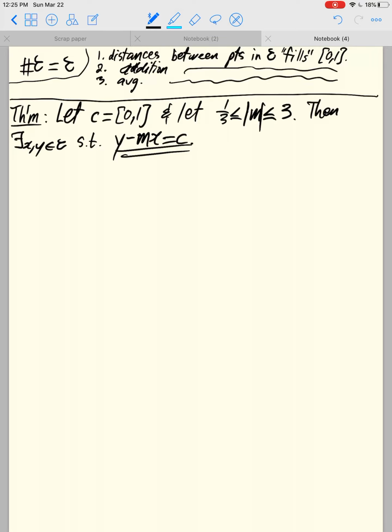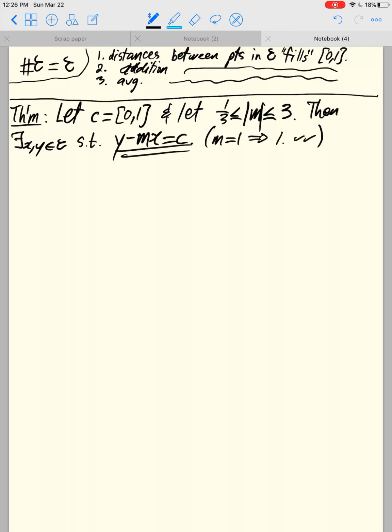And now you might see right away that this equation is the general equation for a line, which might lead you to believe that this proof will be somewhat geometrical, and you would be right. Just to have a little bit of foresight, we'll see that once we've proven this, if we take m equals 1, we'll have our result number 1, because we'll have y minus x equals c.